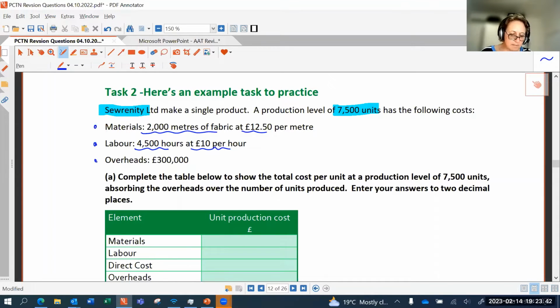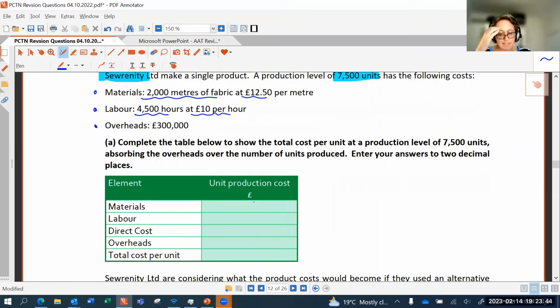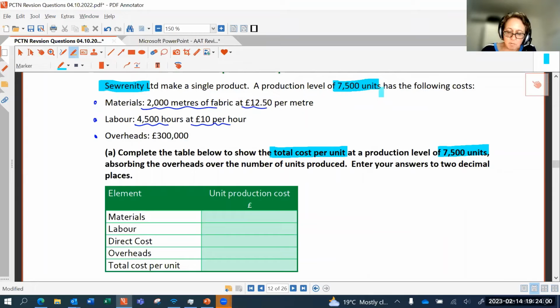What does the question want? Well, the question wants us to complete a table to show the total cost per unit. That means the total cost of one teddy bear, assuming that we produce 7,500 units in the period. Remember that these costs were for 7,500 units.